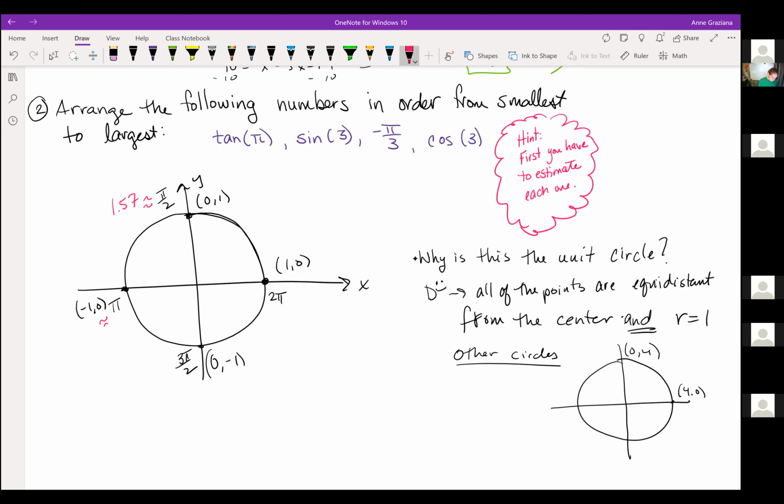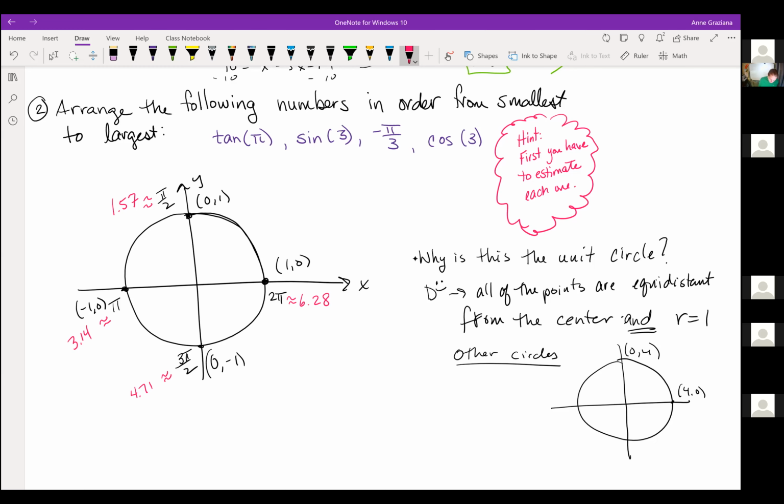Pi, 3.14. 3 pi over 2, 4.71. Good. And 2 pi? 6.28. So this is information you want to just know, okay? Pull that out of your brain fast, okay?